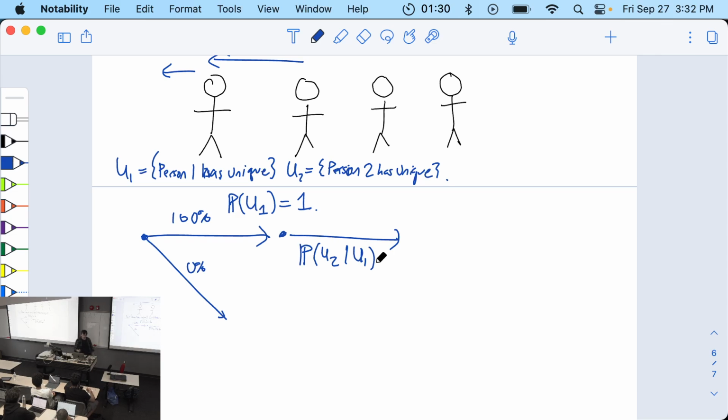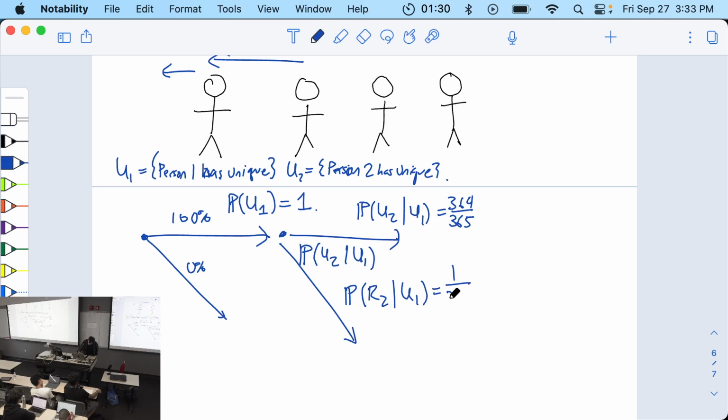And in fact, the chance is 364 out of 365. And that's because there are 365 days in a year. The chance that they have the same birthday is 1 out of 365, because whatever person 1's birthday is, there's a 1 in 365 chance that person 2 has the same birthday as person 1.